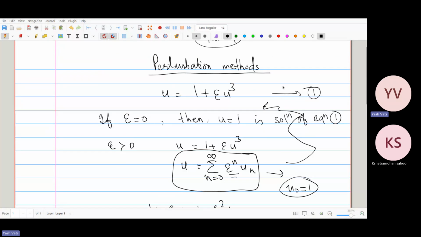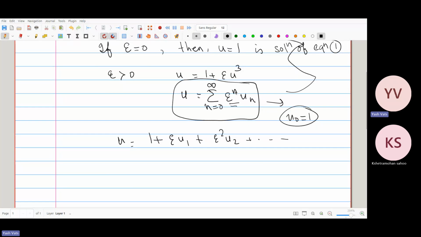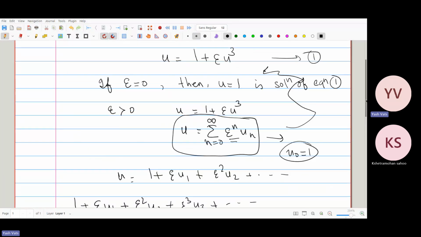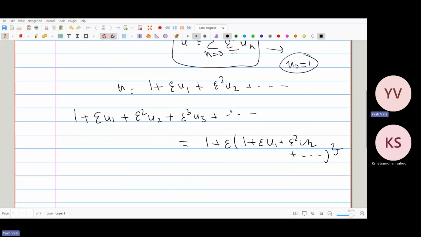If you substitute it over there, you get u1 plus epsilon square u2 plus epsilon cube u3 and so on. And on the other side you have 1 plus epsilon u1 plus epsilon square u2 and so on, up to the cube, because here it's a cube, right?